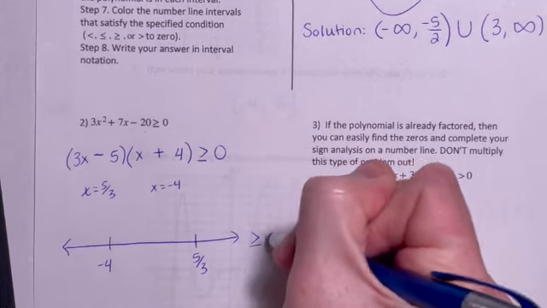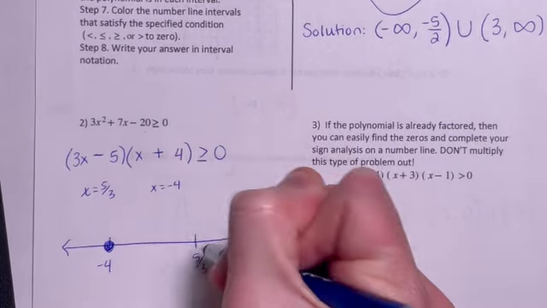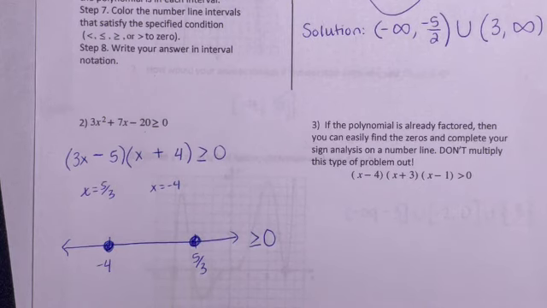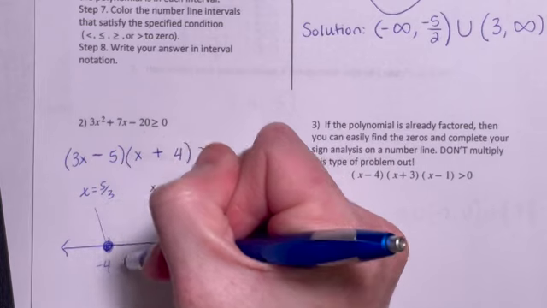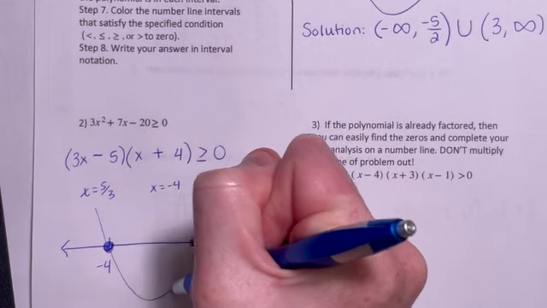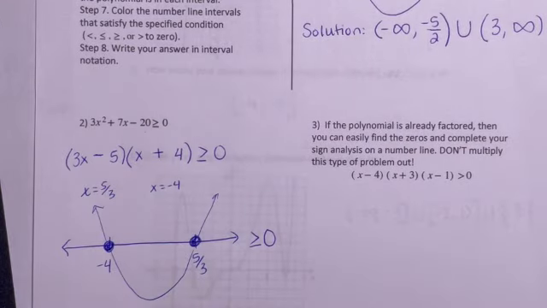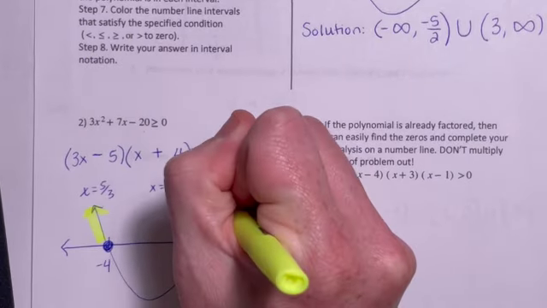We are looking for when it's greater than or equal to 0. So I'm going to include these 2 points because that's when it's equal to 0. The quadratic is positive, so if I was sketching out a graph, it would look something like this. This means it's greater on the ends of the function as well.